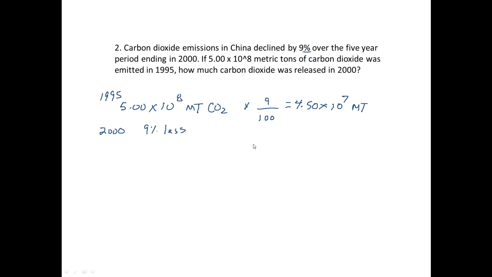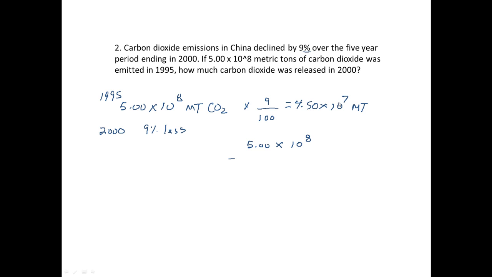So we take the 5.00 times 10 to the 8th, that's how much we had emitted in 1995, and we're going to subtract from this. Now, watch this. You can do it on your calculator, but this is important to know about significant figures.